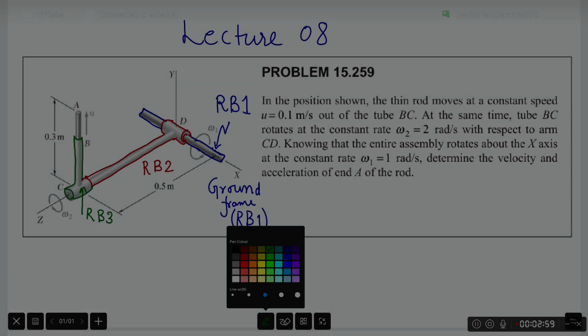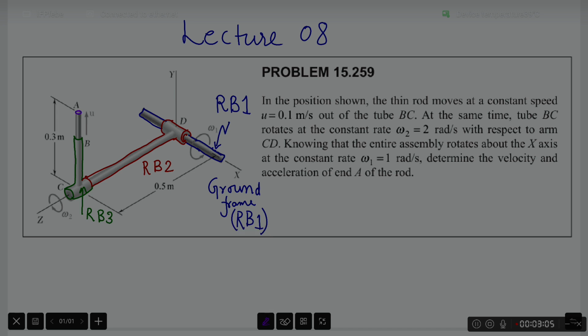Then next to RB3, we have a straight rod, which I am outlining now with this purple color. Let's call it RB4.